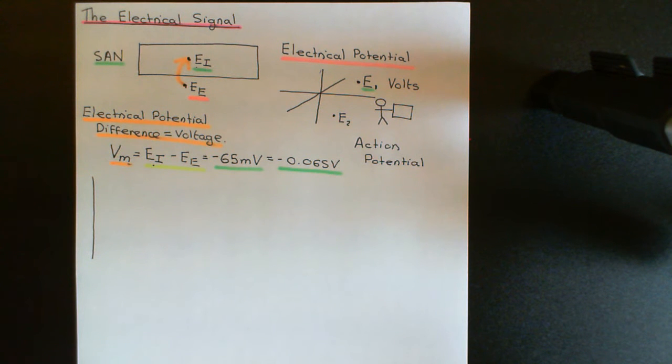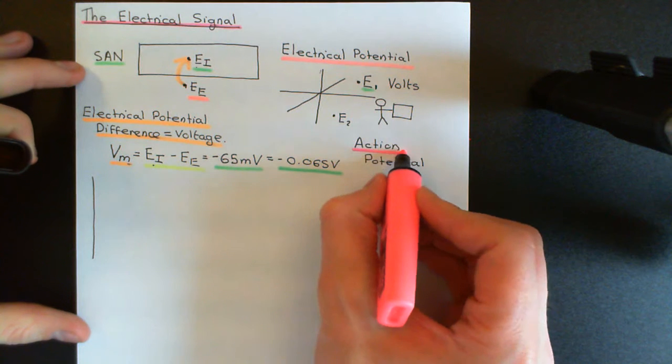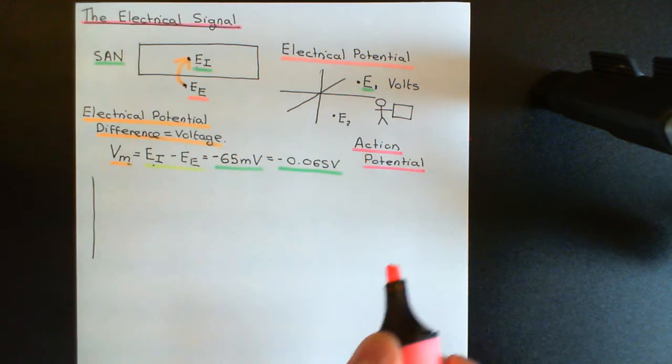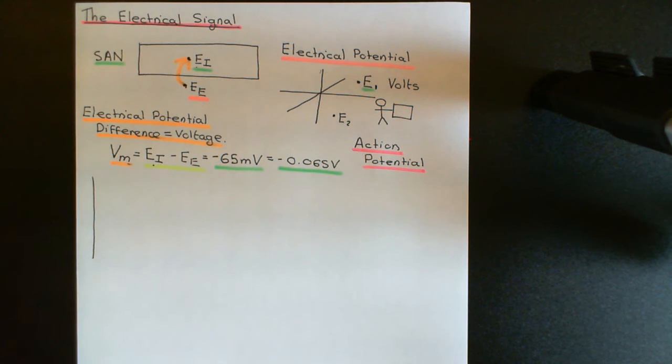So the electrical signal we've discussed is going to be this change in the electrical potential difference across the cell membrane, and the name for that is it's called an action potential. So electrical signals across cell membranes are of this form, an action potential. And whenever we talk about action potentials, from now on, rather than talking about electrical signals, I'm going to talk about action potentials. It's just a new expression that we use to mean the same thing.